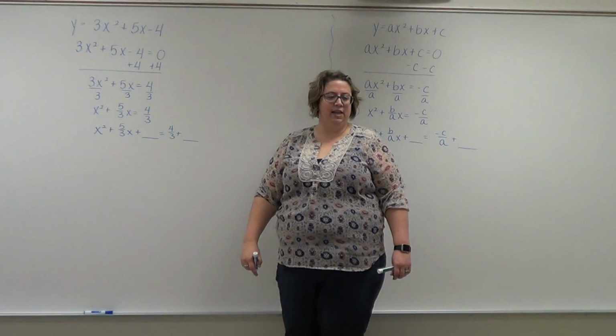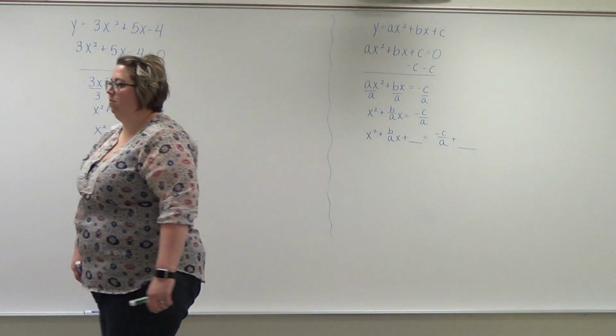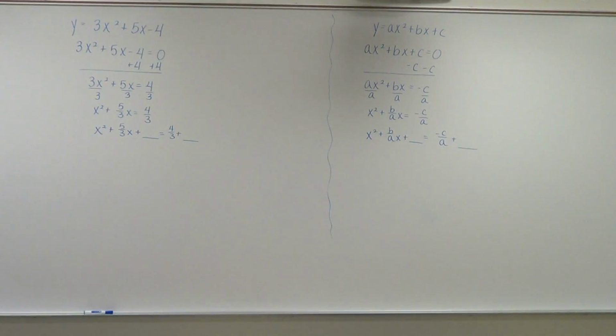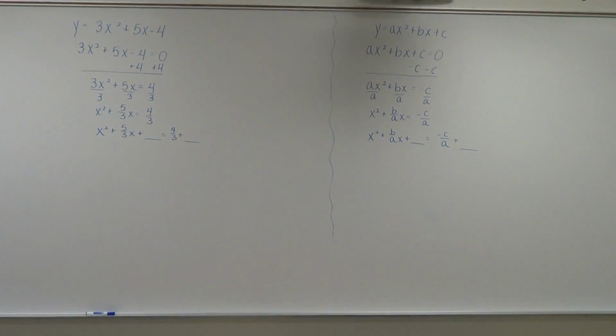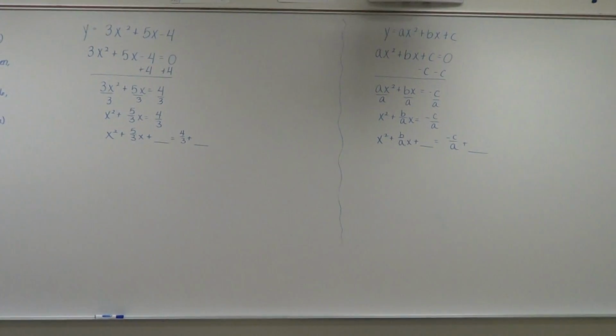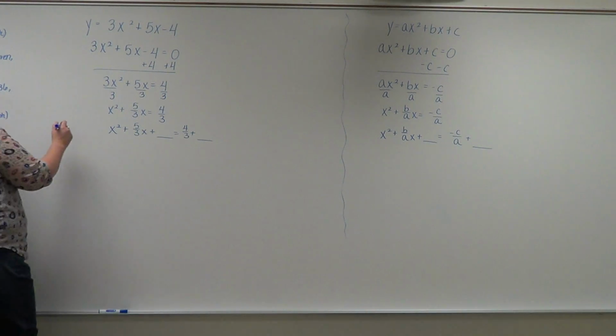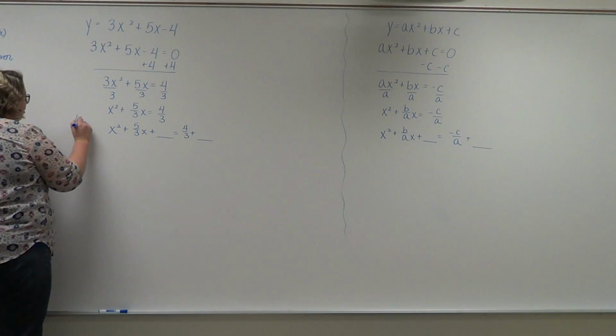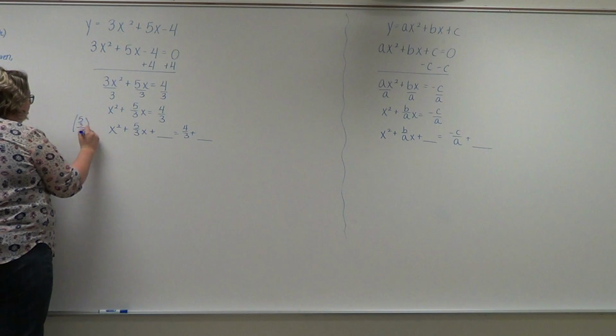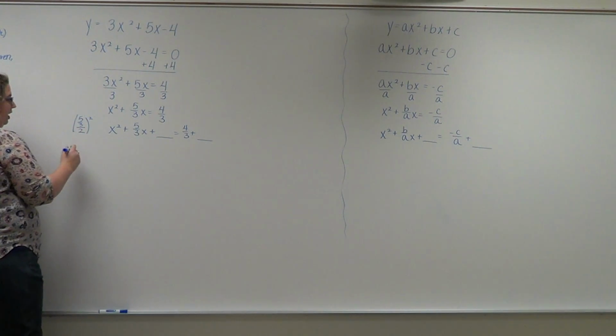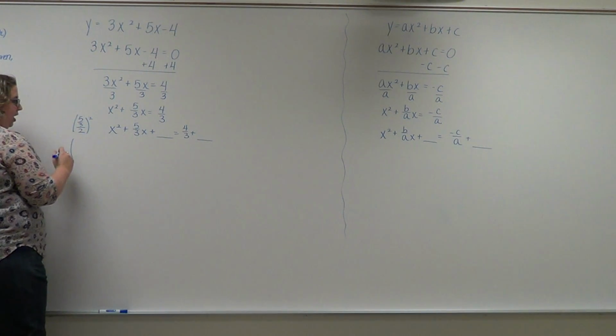So how do we find that number that goes in the blank? B over 2 squared. So what's your B, Caden? 5/3. Okay, what's your B in the other one? B over A. Okay, so if I take 5 over 3 divided by 2, well, a fraction divided is the same thing as multiplying by the reciprocal, right?